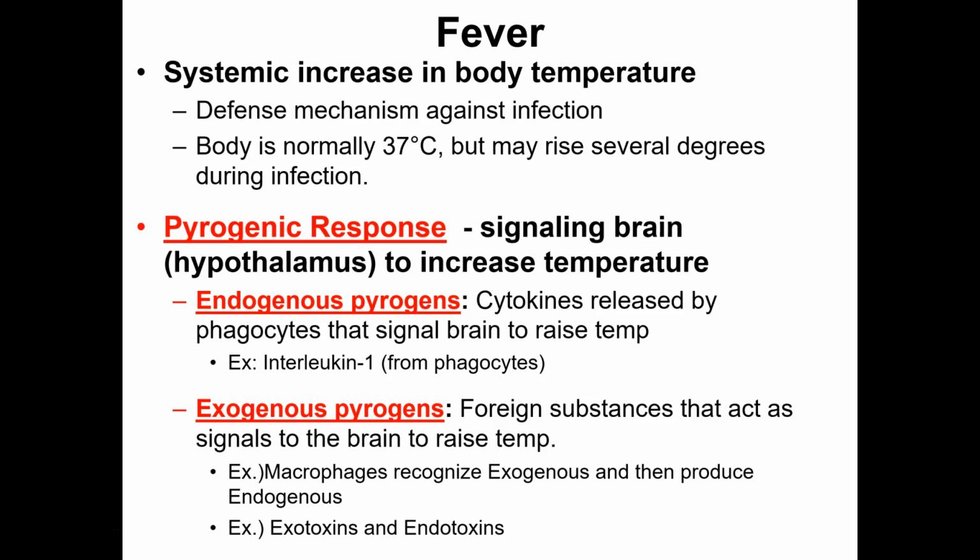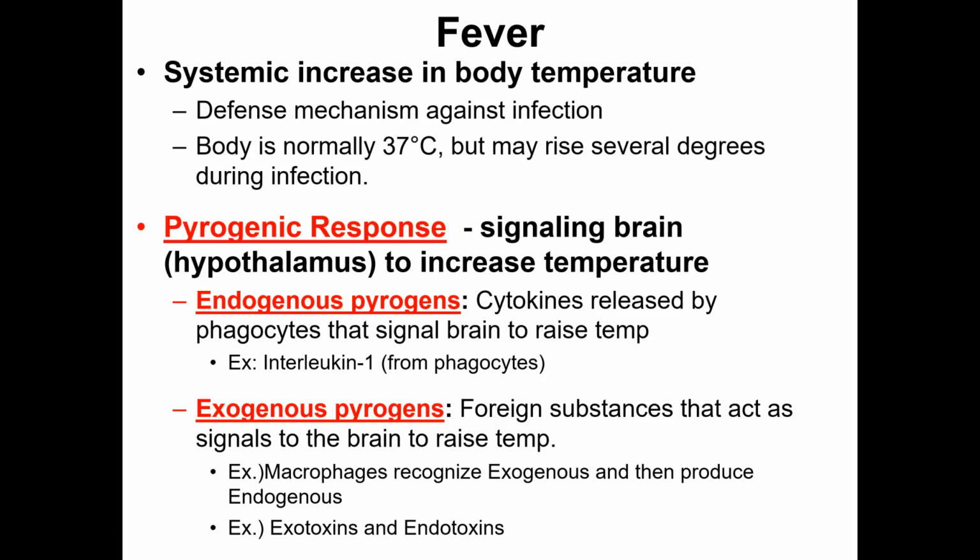So you get pyrogens, chemicals that can cause this to happen. The obvious ones are endogenous pyrogens. Unsurprisingly, it's the cytokines. The primary cytokine involved in the pyrogenic response here is interleukin-1. This is an endogenous pyrogen.